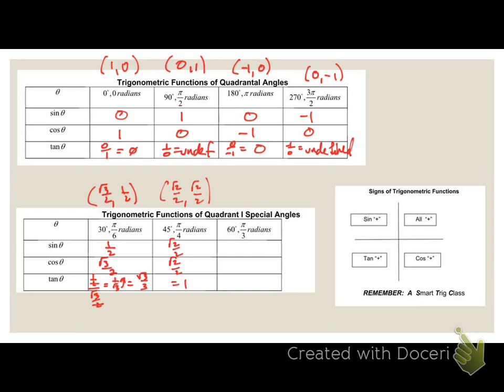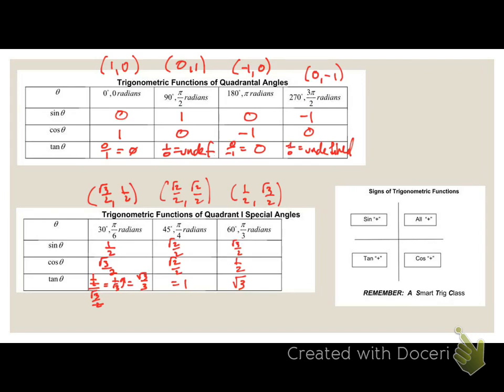And then pi over 3, or 60 degrees, you're at 1/2, radical 3 over 2. That means sine is radical 3 over 2, cosine is 1/2. And again, if you divide sine by cosine, you've got to flip this guy over and multiply, divide out the 2's, and so you get radical 3. So tangent is just radical 3.